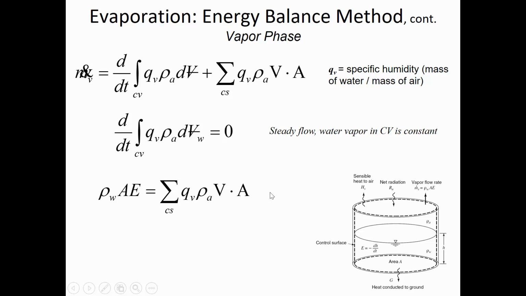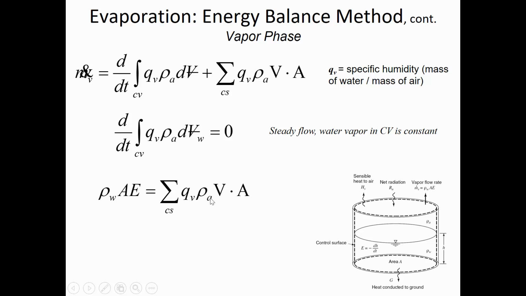Now on the right side, this is interpreted as saying it's the flow through the control surfaces of the water vapor. So Q sub V is just the fraction of the mass of water to the mass of air. So the specific humidity is just saying how much of the air is actually water. It's a fraction.